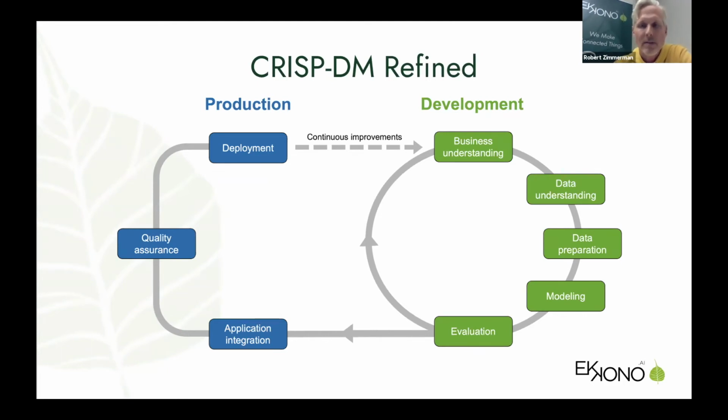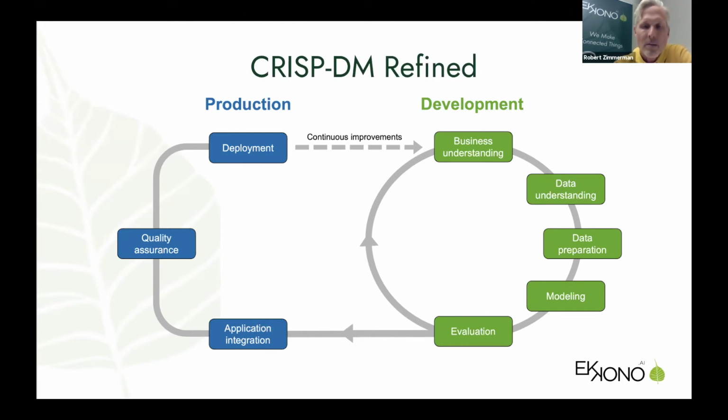But we have done some refinement for edge computing. It consists of two different processes, the development process and the production process. The green one, the development process, is mostly focused on the POC and prototype steps in the projects. And the blue one, the production one, is the pilot and production stage.